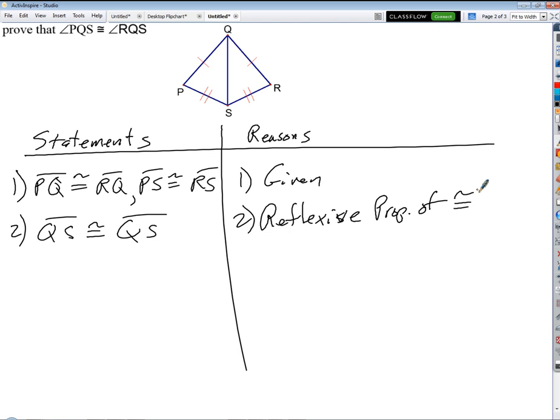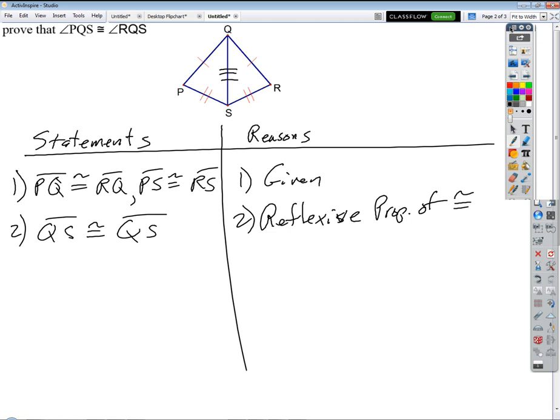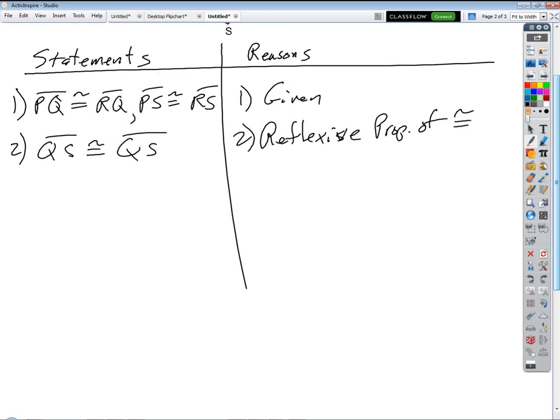And now what? Now that we've added this congruence, what does that allow us to do? Yes, sir. Okay, the triangles are congruent. Now be specific here. How am I going to write this congruence statement for the triangles?